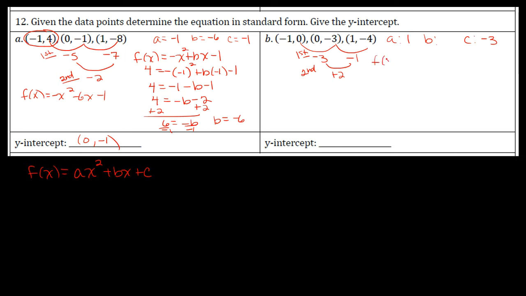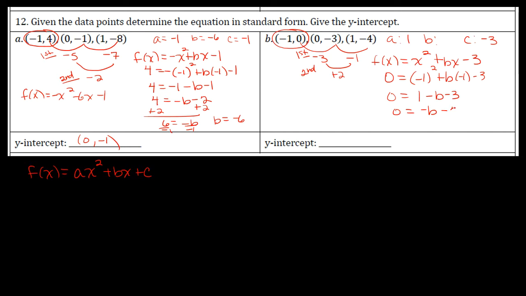So let's plug in what we have. A is 1. B we do not know, and my C is -3. I'm just going to use this first point again. It is one of the roots. I'm going to plug that in for x and f of x. -1 squared is 1. B times -1 is -1b minus 3.